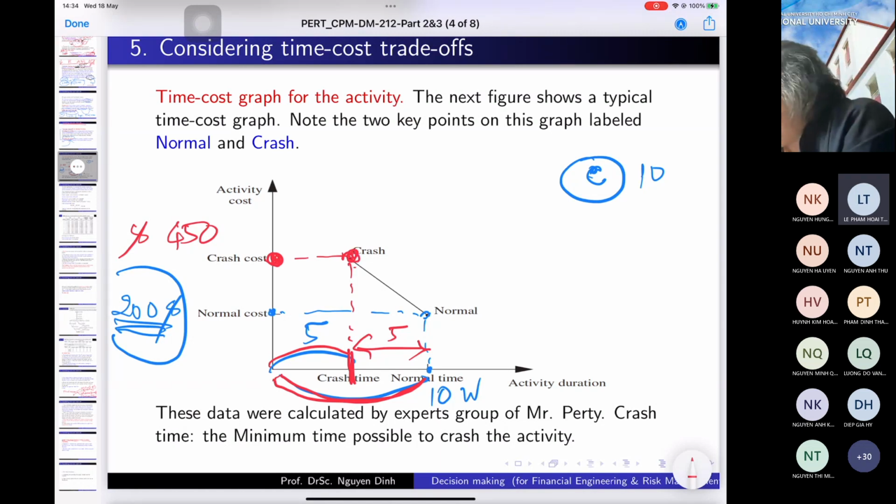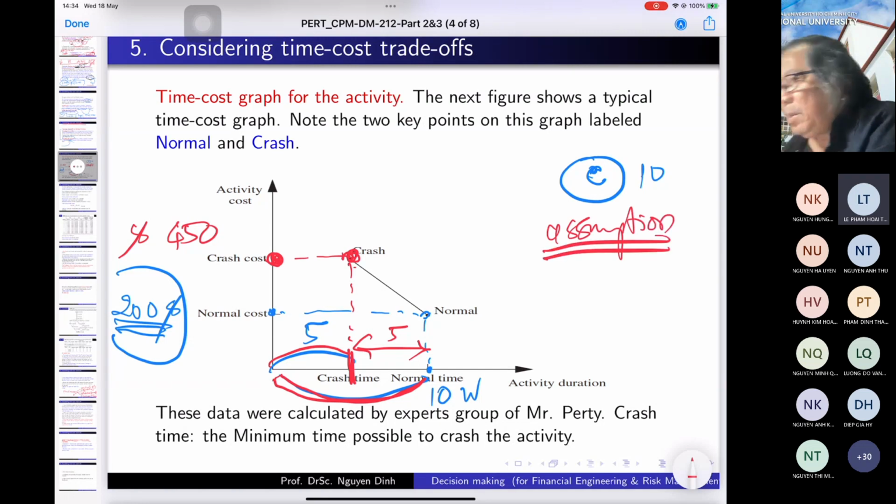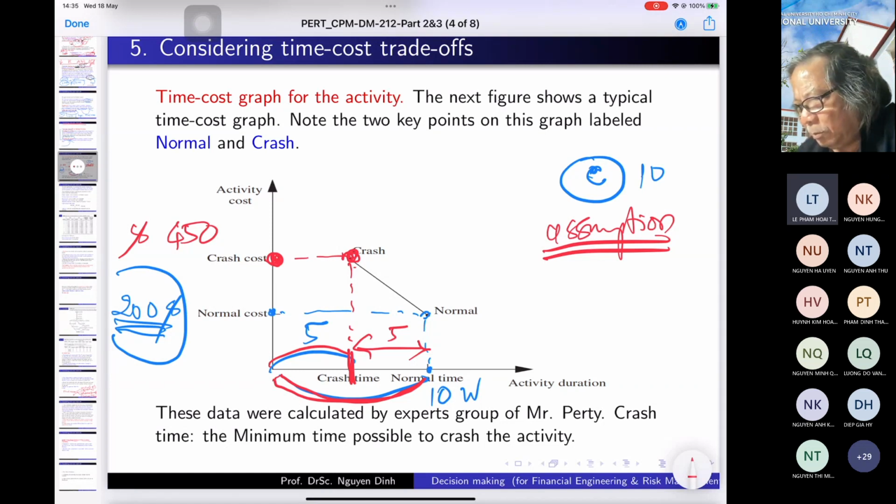We have something we call an assumption. We make an assumption that the cost follows the linear rule. The linear rule means that from here to here is like this, 5 weeks.